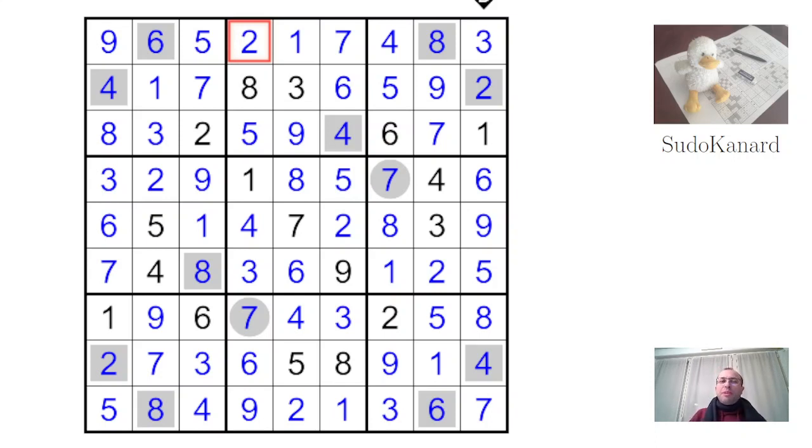I've read that some people had trouble with this puzzle, which is understandable because there was really a tricky setup, because it was an X-wing, but you had to earn the X-wing. You had to notice those cycles which interacted in such a way that you had this X-wing on 8.